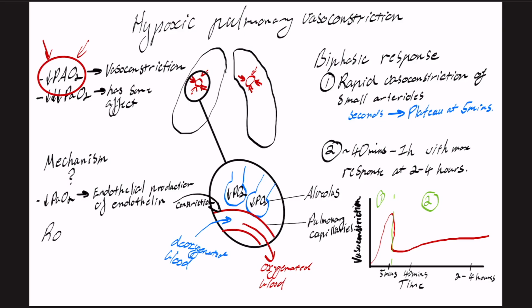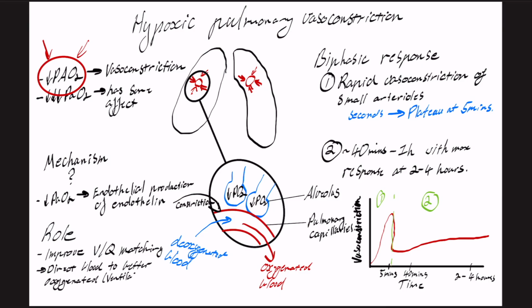And the role of hypoxic pulmonary vasoconstriction is to improve VQ matching, so reducing the amount of blood that goes to hypoxic areas of the lungs or poorly ventilated areas of the lungs to improve perfusion to areas with good ventilation so that that blood can be oxygenated. It also increases pulmonary pressures.